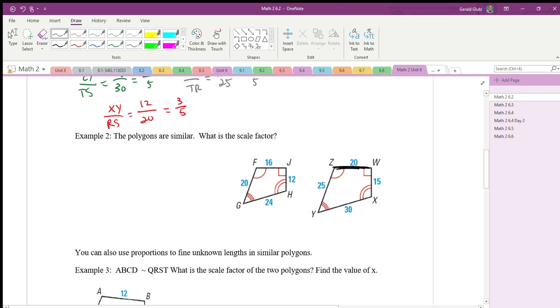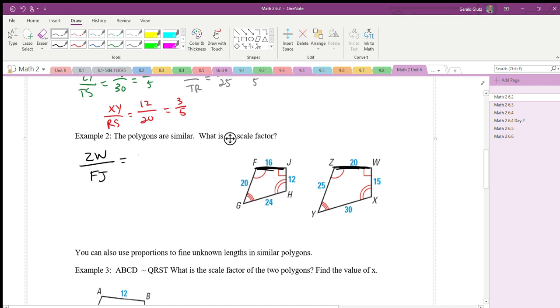I'll choose ZW. Which side is ZW corresponding to? Notice that W is a 90-degree angle and Z has that one arc on it. So over here on the shape on the left, I want to look at the 90-degree angle and the angle with one arc, because that will be the side corresponding with ZW, and that happens to be FJ.